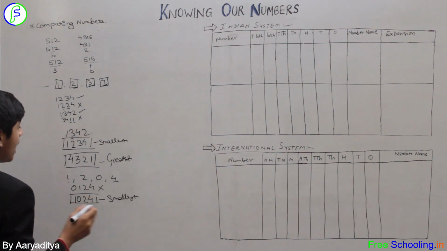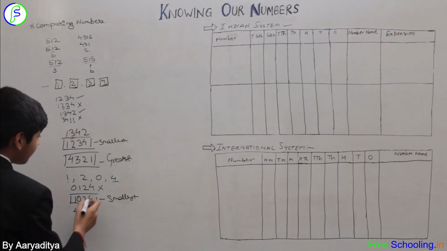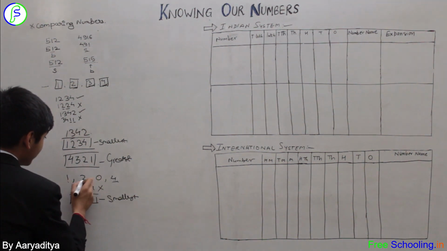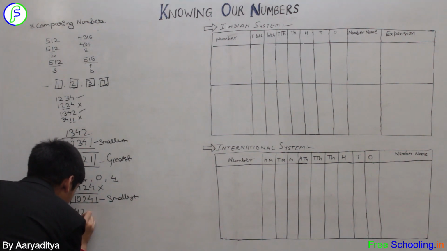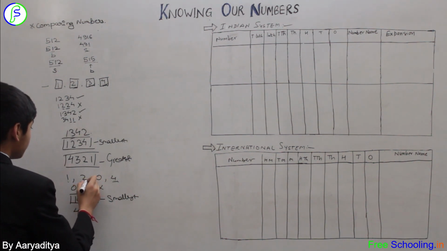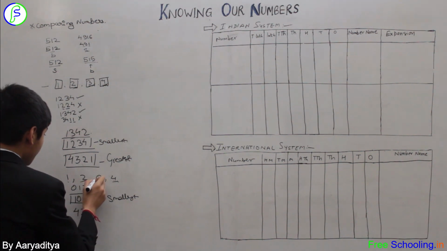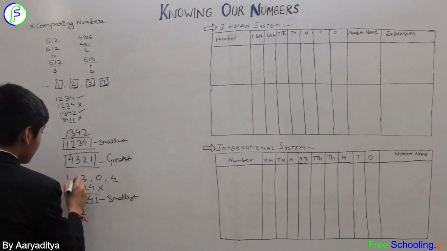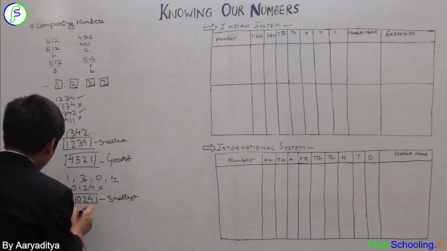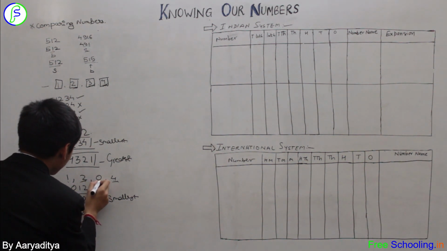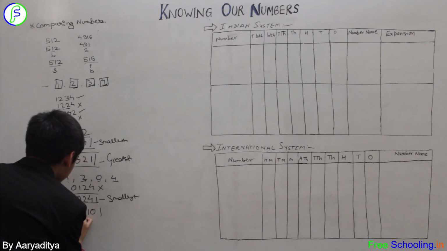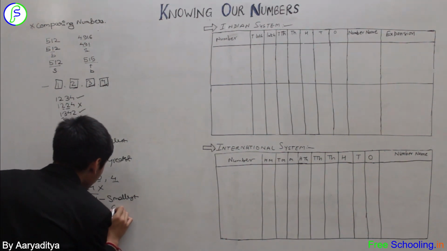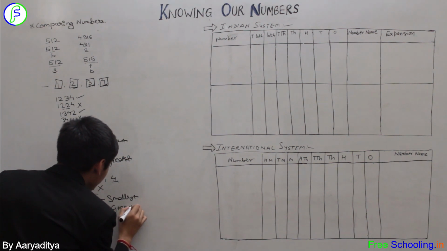Then smaller than 4 but greater than the rest, we have 2. Then smaller than 2 but greater than the rest, we have 1, and at last we have 0. So this is the greatest number that can be formed if we have a 0.